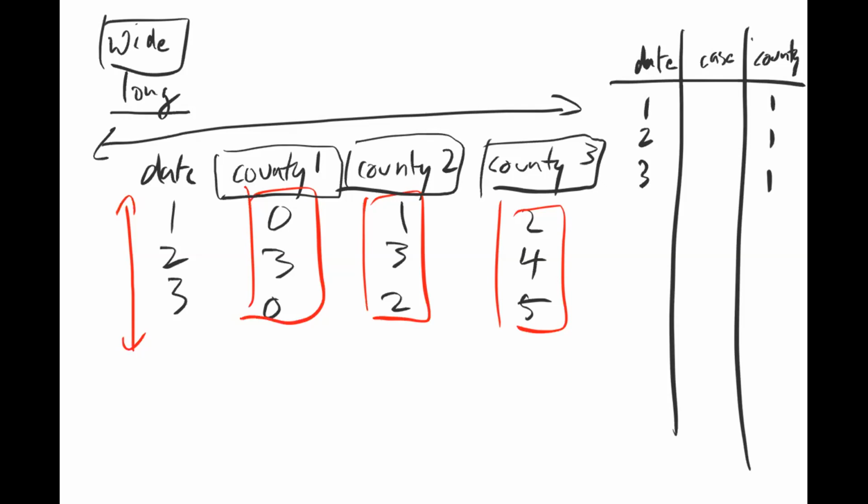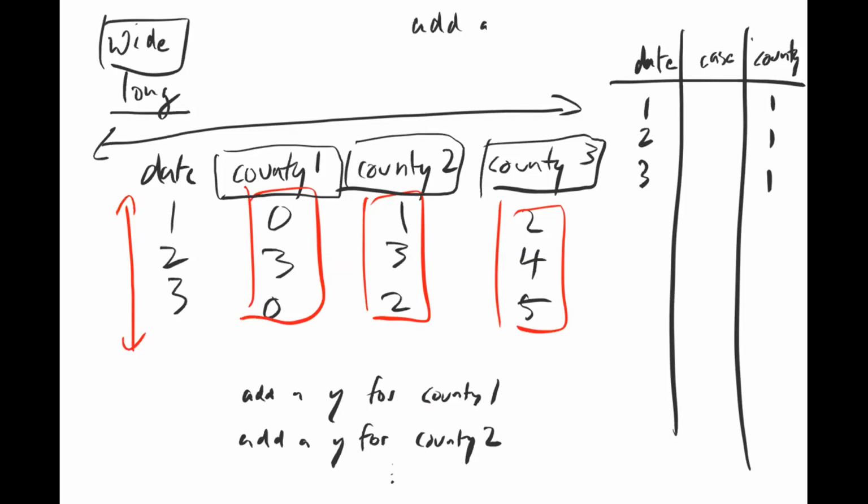And so you'd have to say, add a Y for county 1, add a Y for county 2, and so on and so forth. Whereas in a long data set, it's just add a dimension for each county.